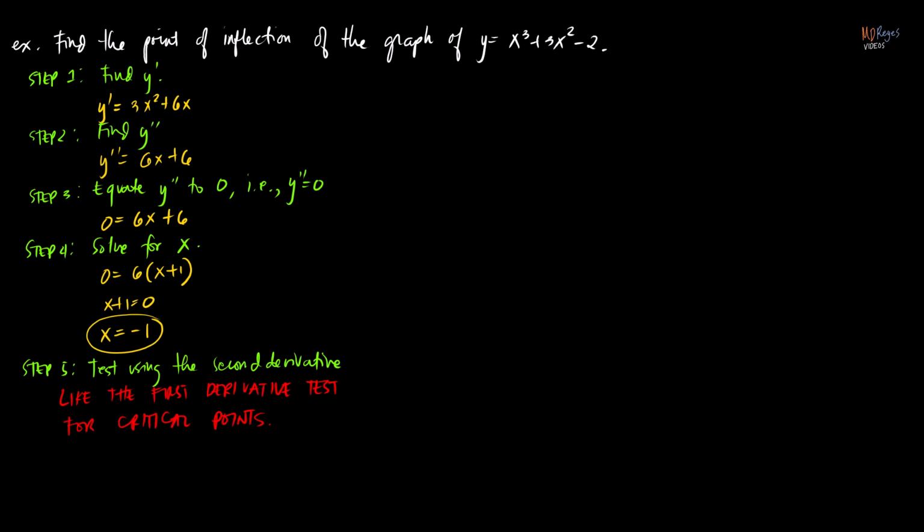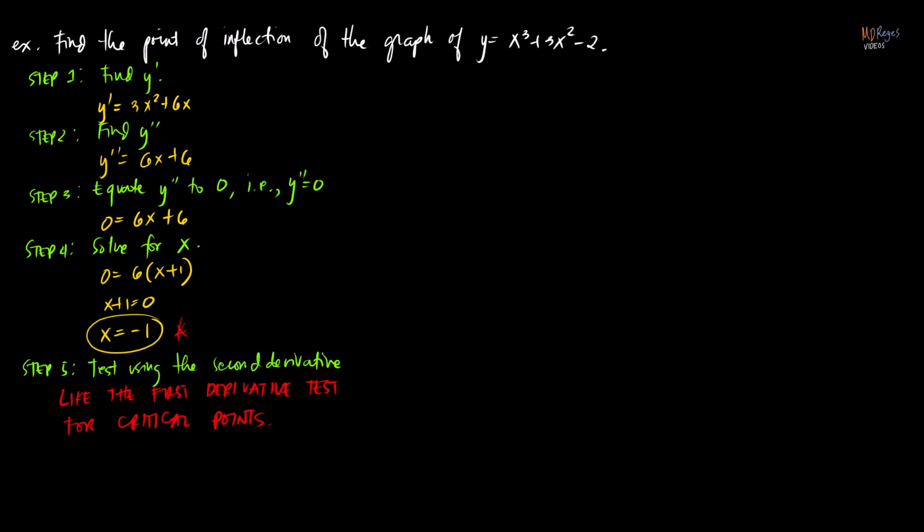If it changes from positive to negative or negative to positive, then we can conclude that this value is the x-coordinate of the point of inflection. If y double prime does not change its sign, then the graph doesn't have a point of inflection. But in this case, we already know that there is a point of inflection.